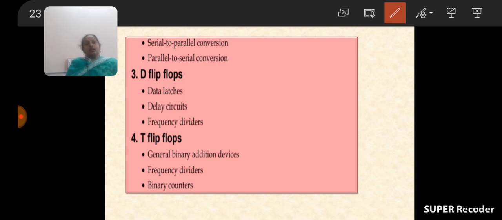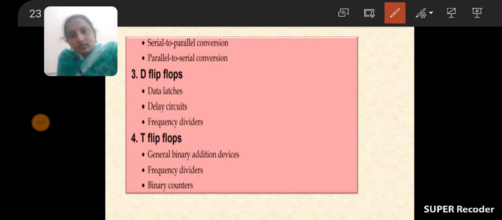Okay, almost all applications are common, except JK having serial to parallel and parallel to serial, D having data latch, and T having binary addition. These are the special applications. Remaining all are common. All are used in counters.